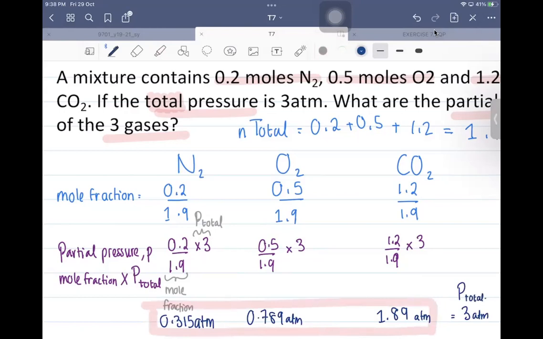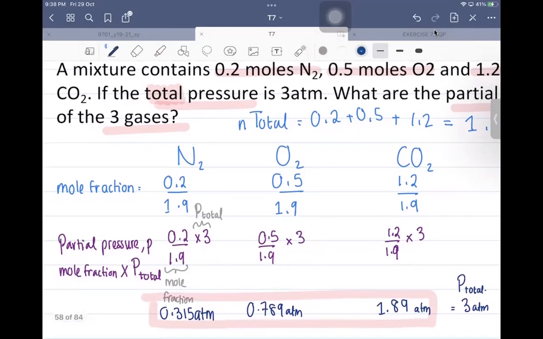All right, so that's a short exercise on how to work out the partial pressure of each gas, given the number of moles and the total pressure of the system. If you want to copy this down, you can pause here and I will move on.